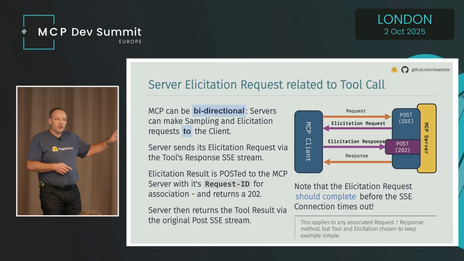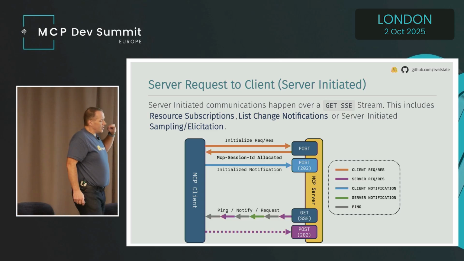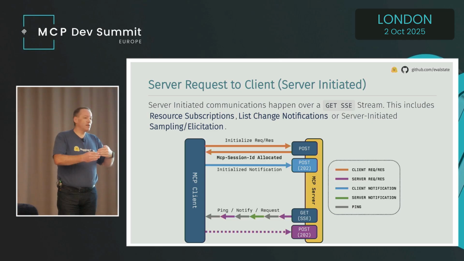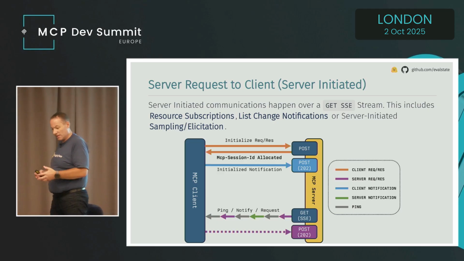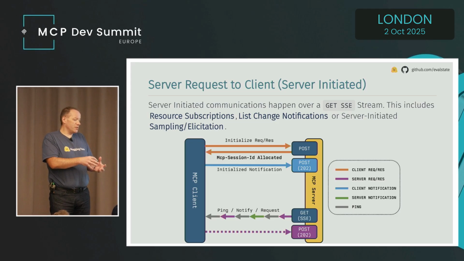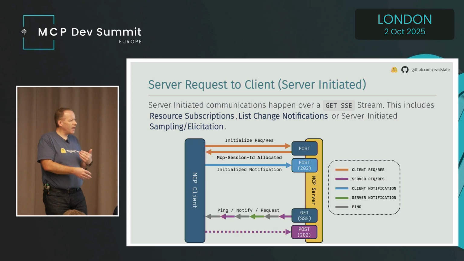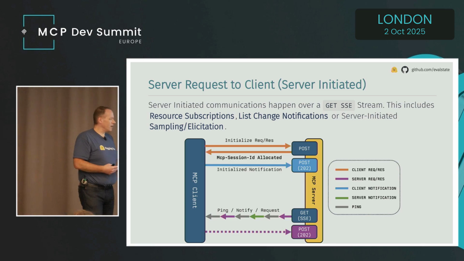So this gives us a new set of things that we need to worry about. We've then got the final aspect of this, which is we know that MCP servers may want to initiate things with us. They may want to do a sampling or elicitation request which hasn't come as associated with a tool call from the client, or we might have a tools list change notification, or something like that.